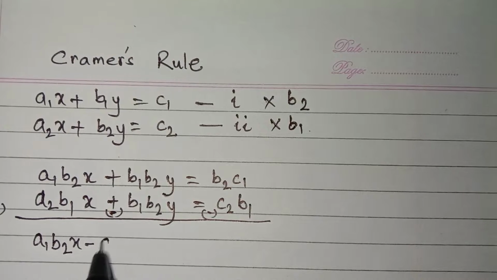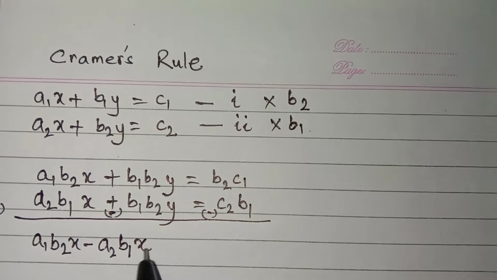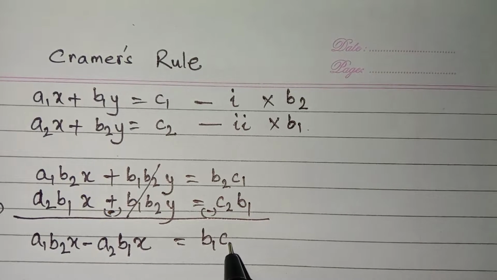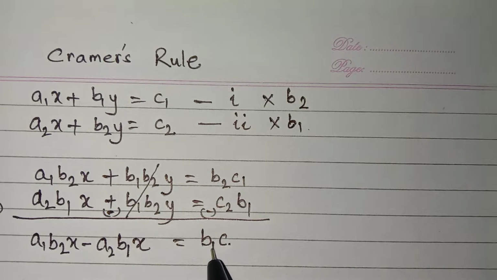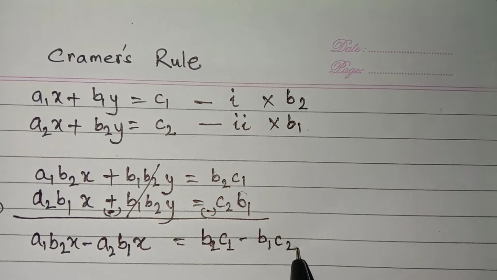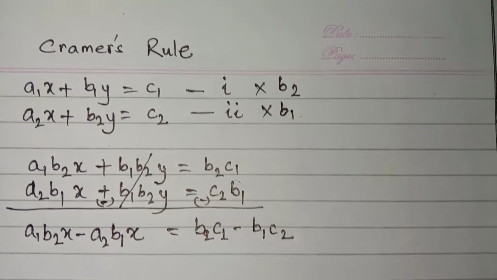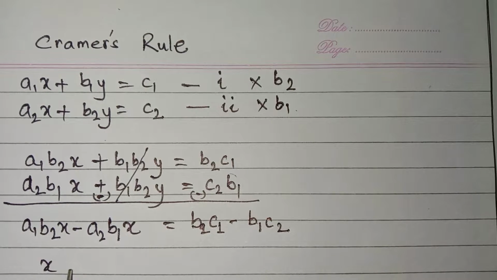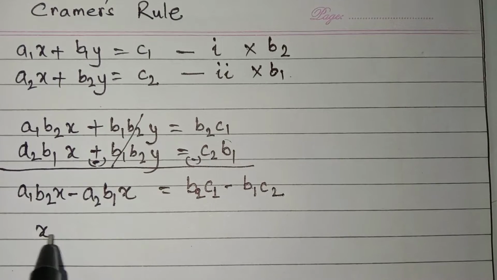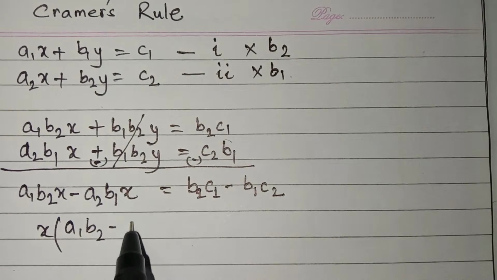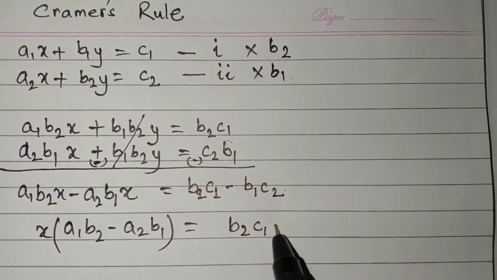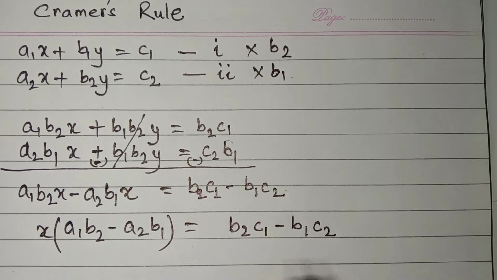a1b2x minus a2b1x, and this term gets cancelled. Here I get b2c1 minus b1c2. From here, if I take x common, then I get (a1b2 minus a2b1) x equal to b2c1 minus b1c2.